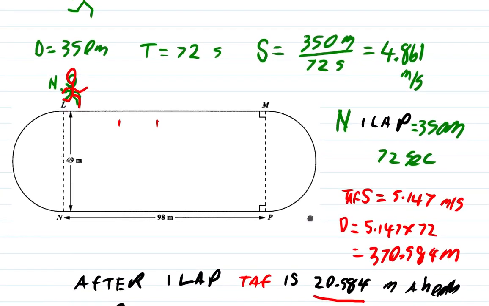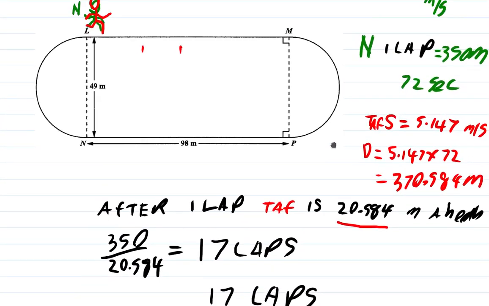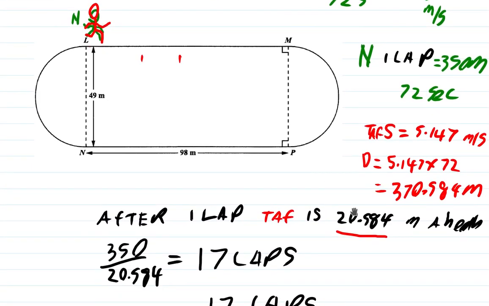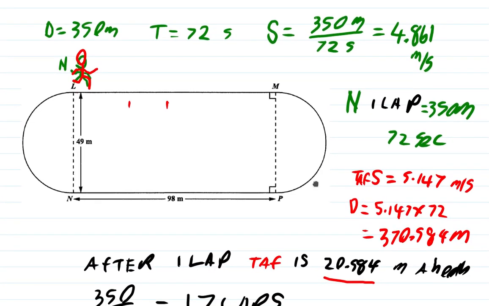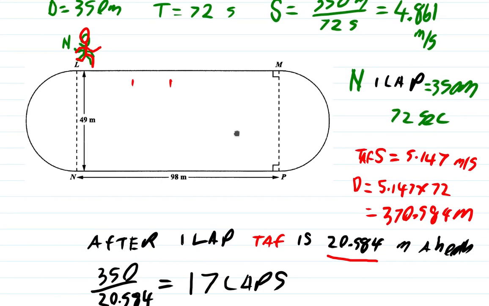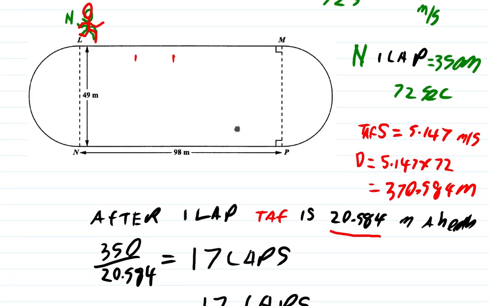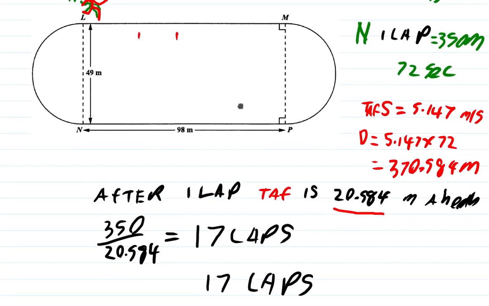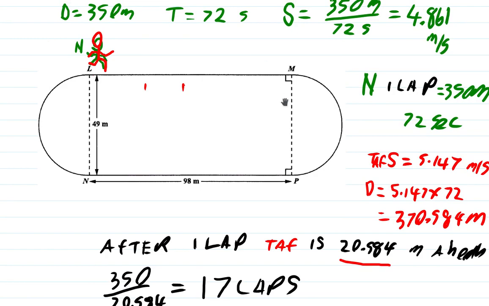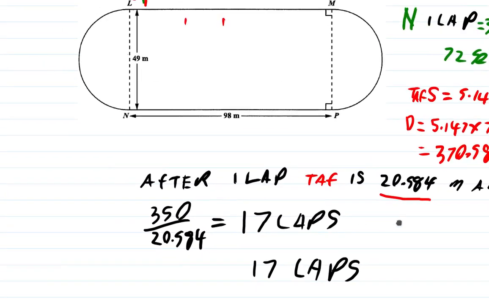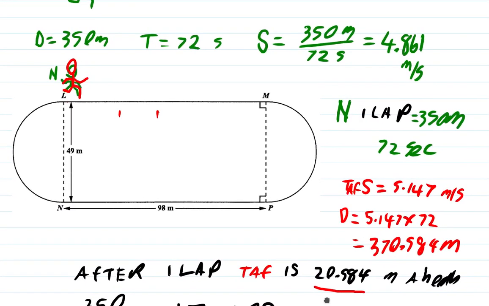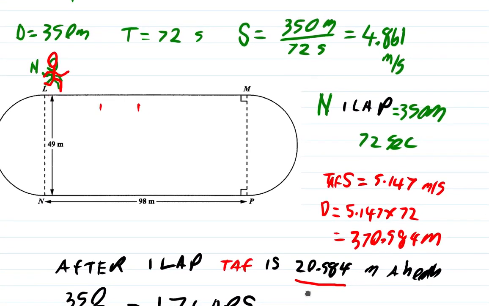So, in that time, you see that Nathan would have completed 17 laps. Now, Tafari would have completed how many laps during that time? That extra lap.